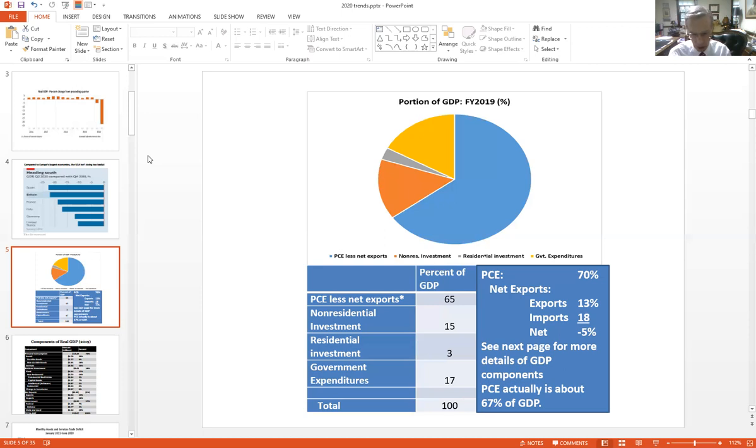That's the orange bar, represents 15%, and it's made up of capital expenditures and expenditures by industry and commerce for the capital goods that are used to upgrade and replenish those businesses.